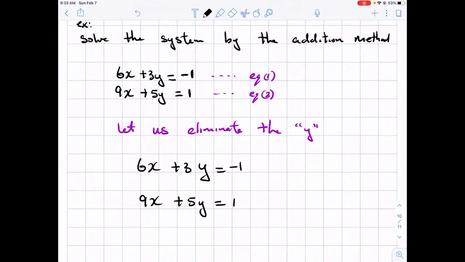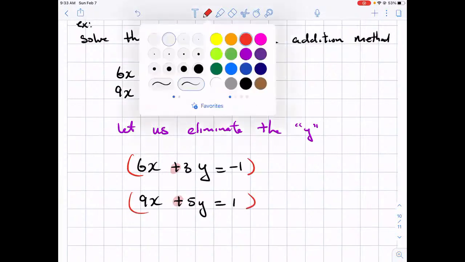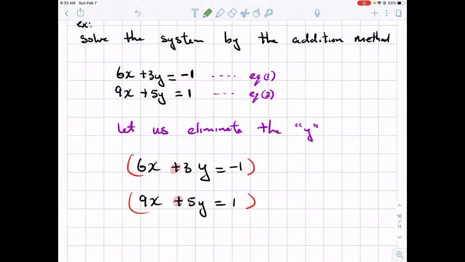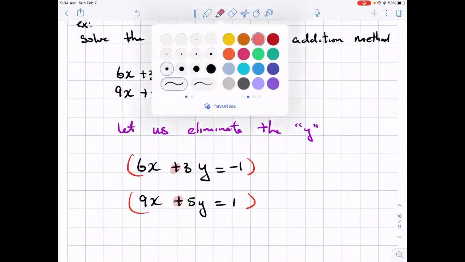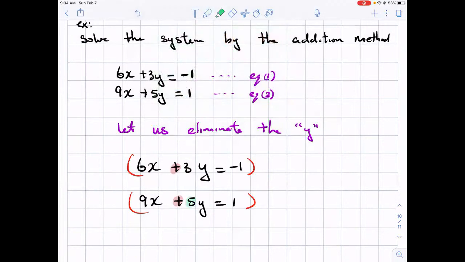Now, notice a couple of things. They're both positive, so one of them will have to be multiplied by a negative number. And here is a little hint. When you're multiplying both of them, look at what I'm going to do. I'm going to take the 5 from here and multiply the top equation by 5.